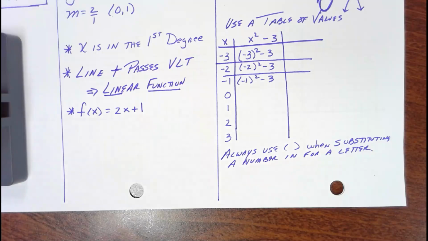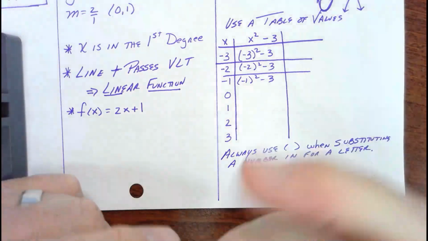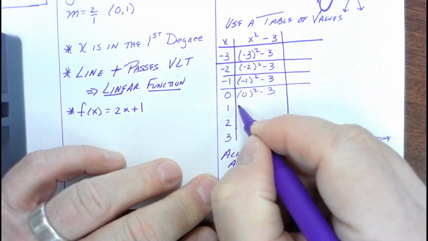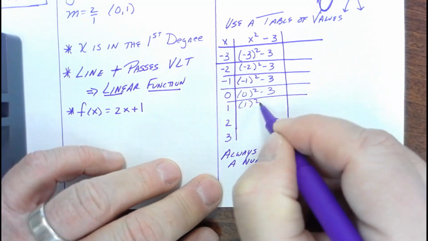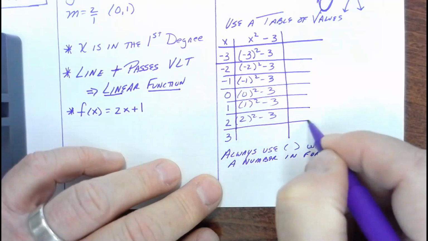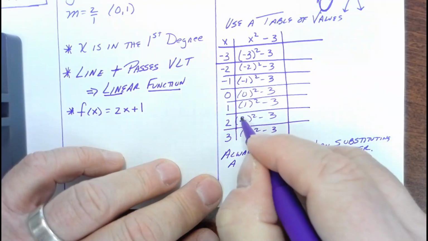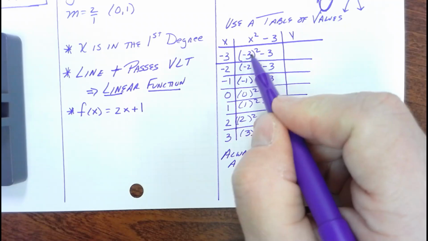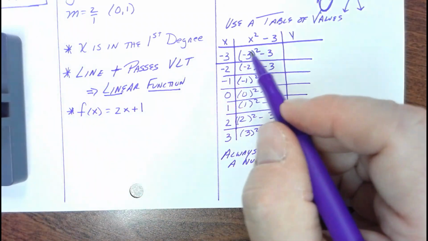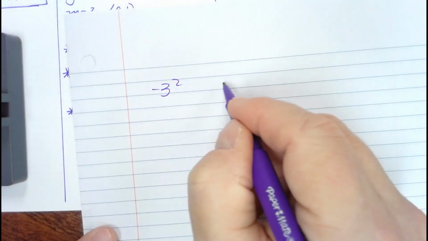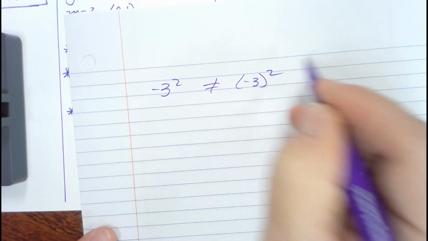Okay, so zero squared minus 3, 1 squared minus 3, 2 squared minus 3, -3 squared. Okay. (-3) squared does not equal -3 squared.